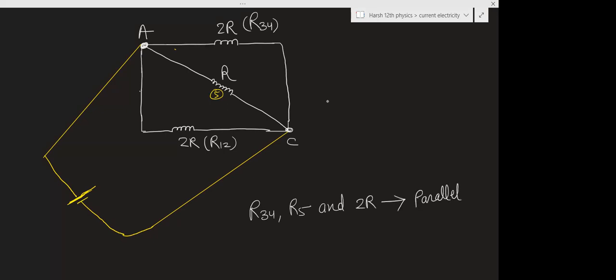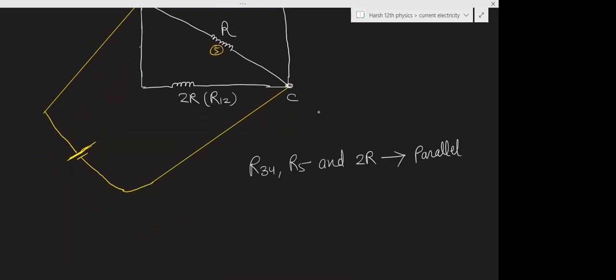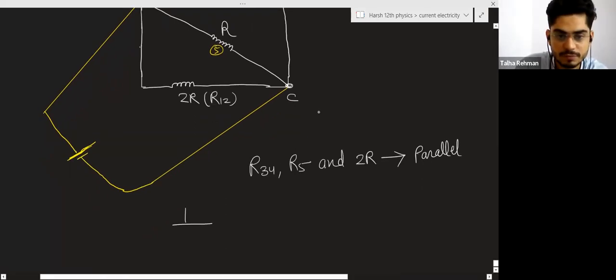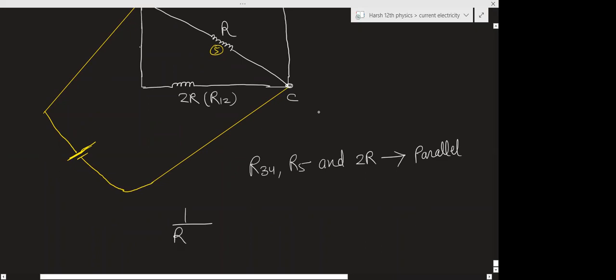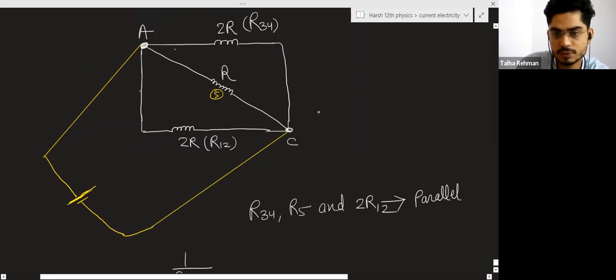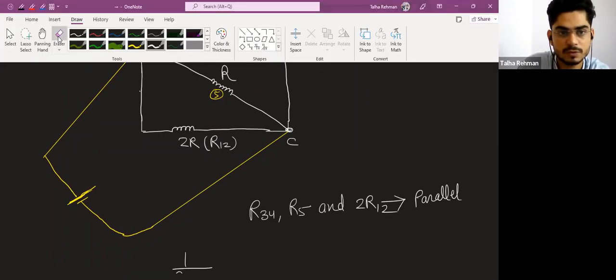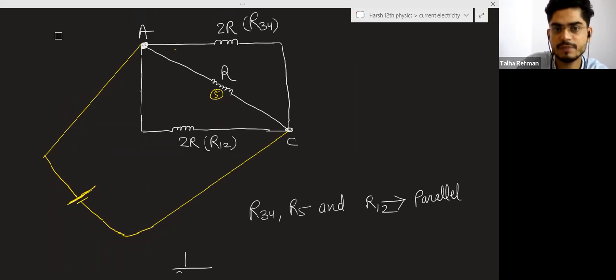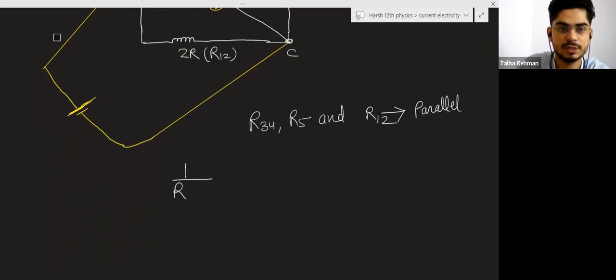And we can find the equivalent of the parallel combination. 1 divided by R is equal to 1 by R34 plus 1 by R5 plus 1 by R12. So 1 by 2R, 1 by R, plus 1 by 2R. You can calculate this.